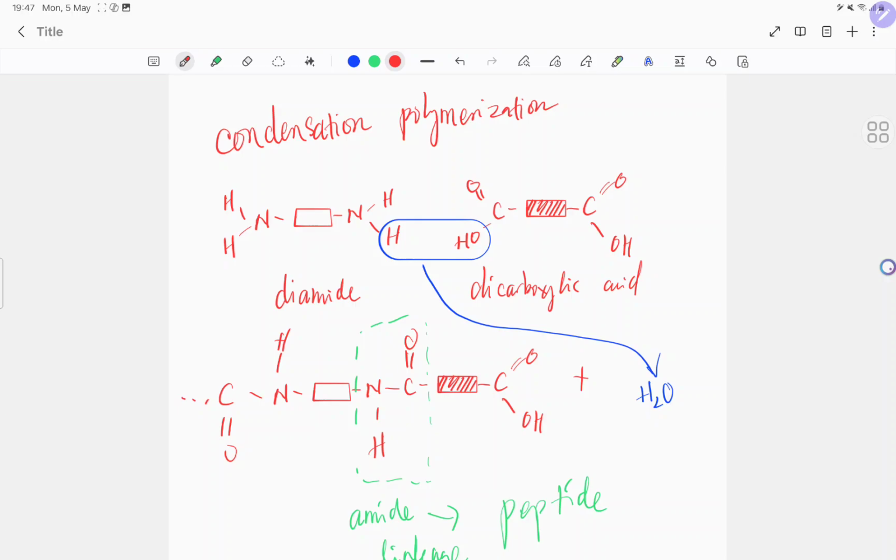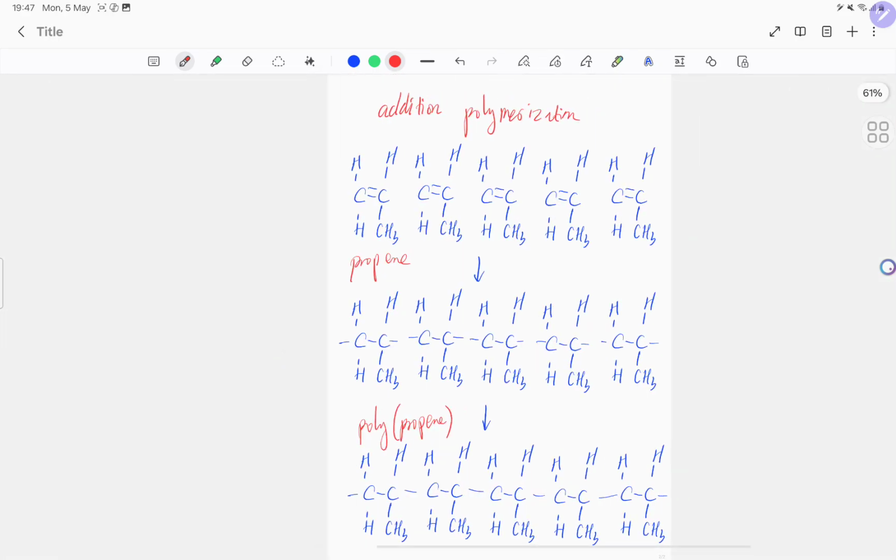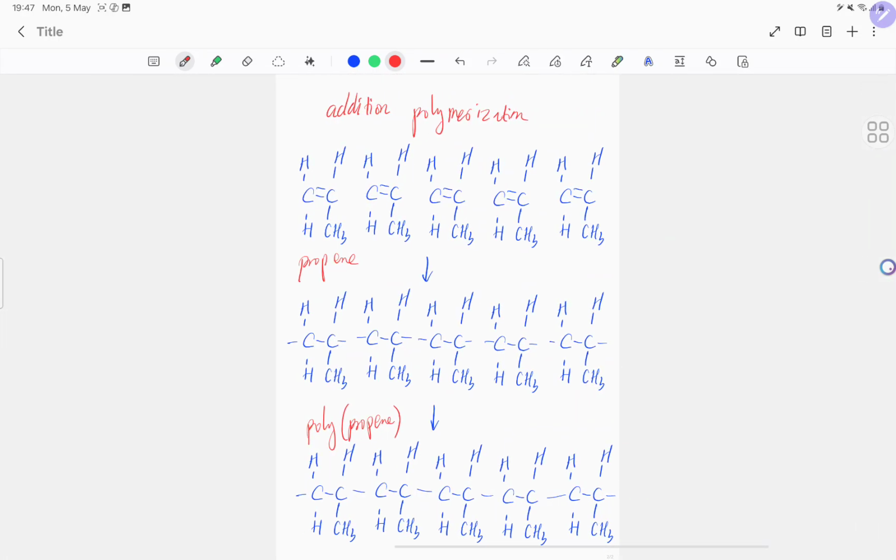So for the amine it requires an H, and for the carboxylic acid it requires an OH. If two functional groups are able to make a water, then they can be connected by condensation polymerization. That's how they're different. Okay, that's all. Anything else about these?